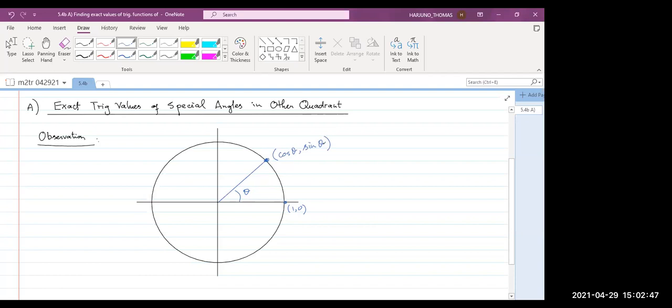Now what does this have to do with reference angle? What happened is the following. Suppose you consider the following rectangle. Then you notice that this coordinate here, this coordinate here, this coordinate here, and this coordinate here, all of them have the same reference angle as what we had earlier.